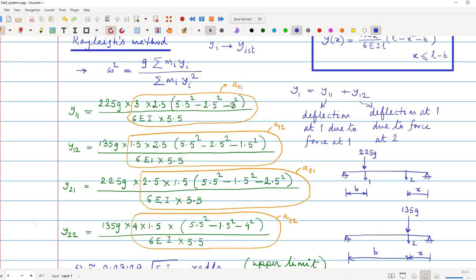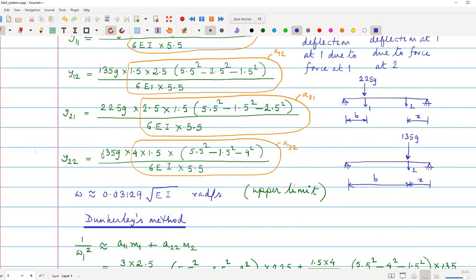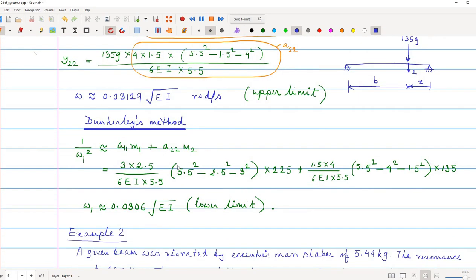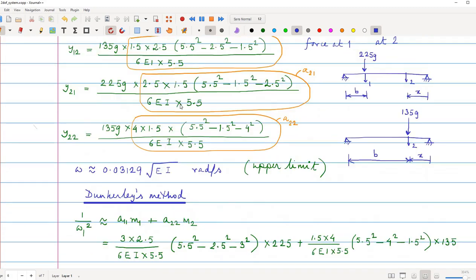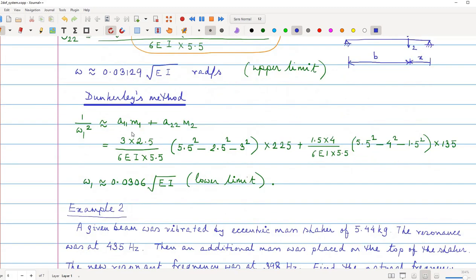So this without this weight gives you A11, and this without this force gives you A22. So A11 M1 plus A22 M2 is the 1 by omega 1 square, that gives you this as your omega 1.